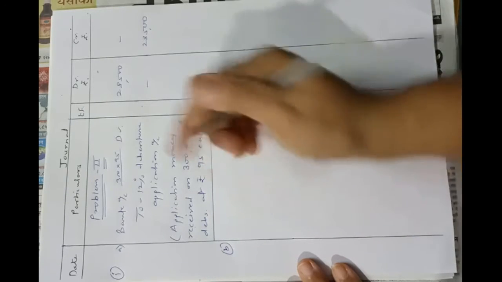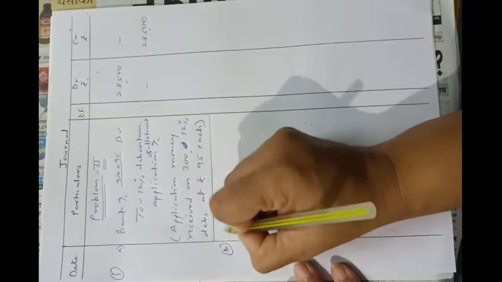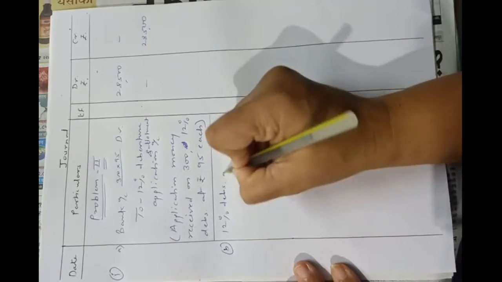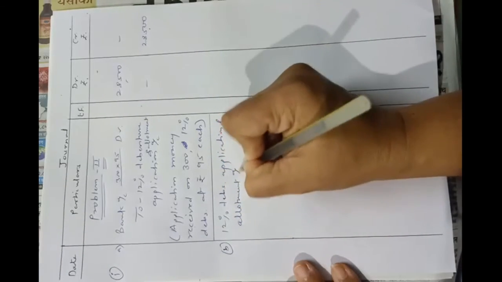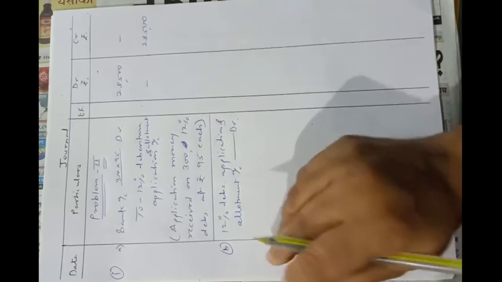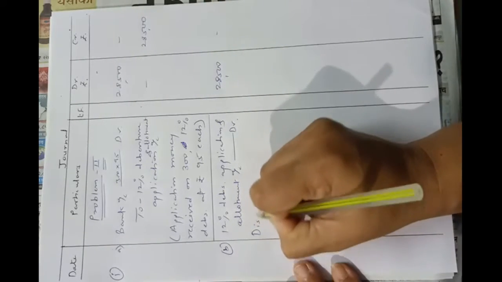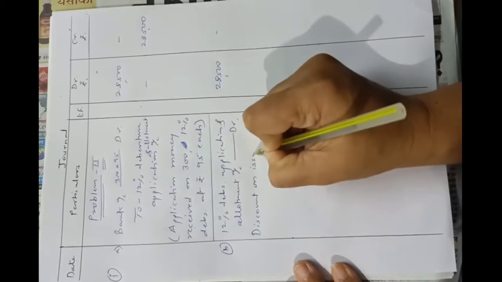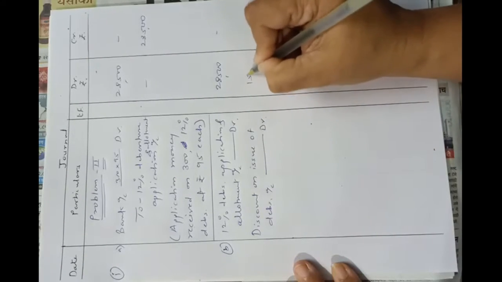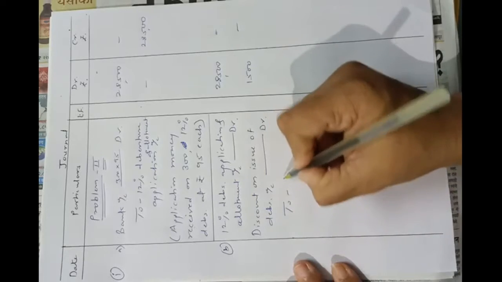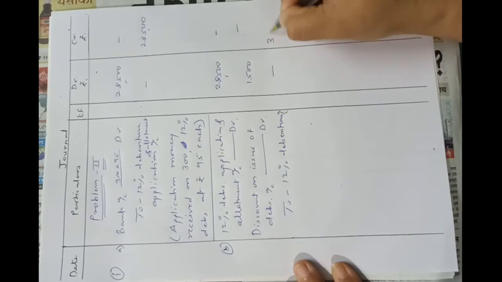So 12% debenture application and allotment account debit, discount on issue of debentures account debit, $1,500, to 12% debentures account, 30,000.